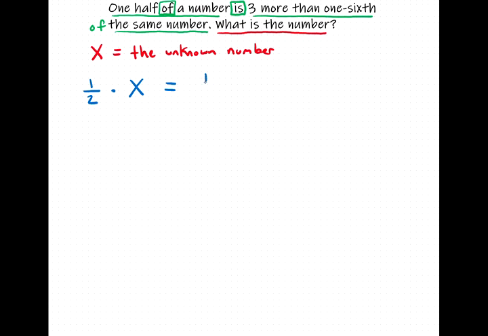So here's 1/6 of the number, and we have 3 more than this. So when you say 3 more than, well, it's 3 more than something. So the plus 3 should come at the end. So more than, less than, terms like that come at the end of your equation.